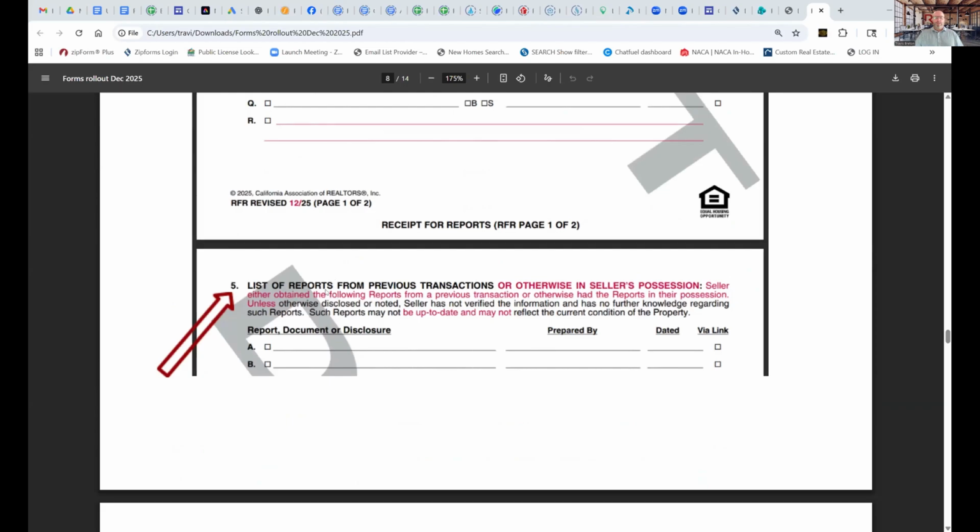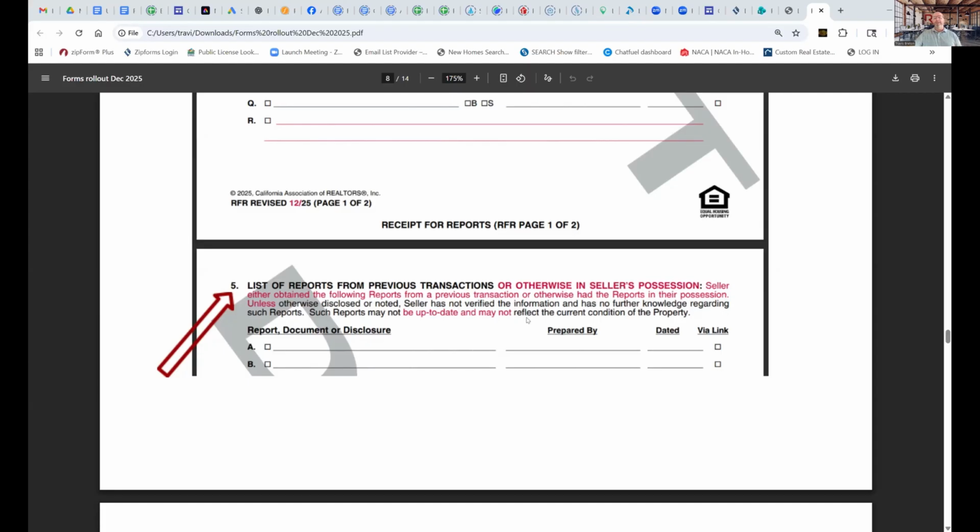In this section here, I wanted to point out a list of reports from previous transactions or otherwise in seller's possession. Seller either obtained the following reports from a previous transaction or otherwise had the reports in their possession unless otherwise disclosed or noted. Seller has not verified the information, has no further knowledge regarding such reports.